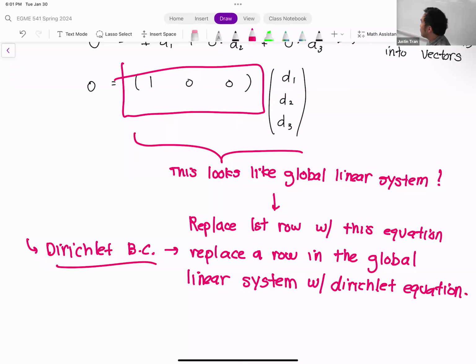That's what you have to do for a Dirichlet boundary condition: replace a row. Any questions on how we did that? Okay, so that's Dirichlet boundary conditions.